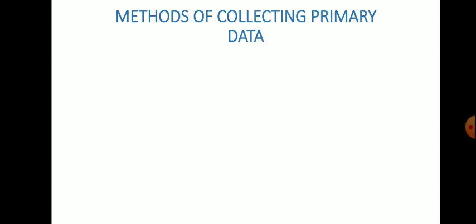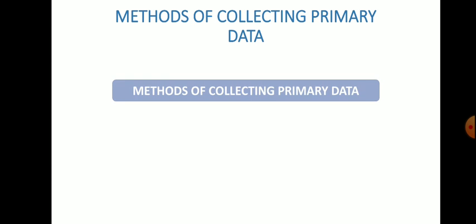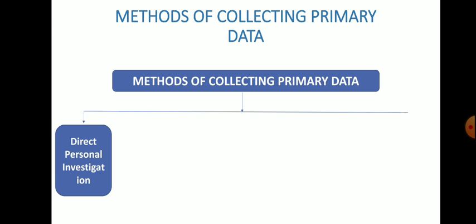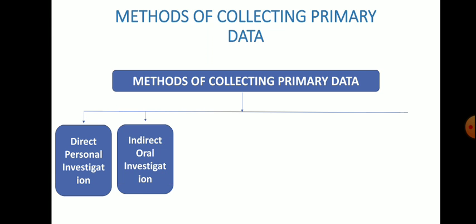Now, what are the methods of collecting primary data? Let us see. There are several methods of collecting primary data, not secondary data. Basically, there are 6 ways. First of all, direct personal investigation, then indirect oral investigation.